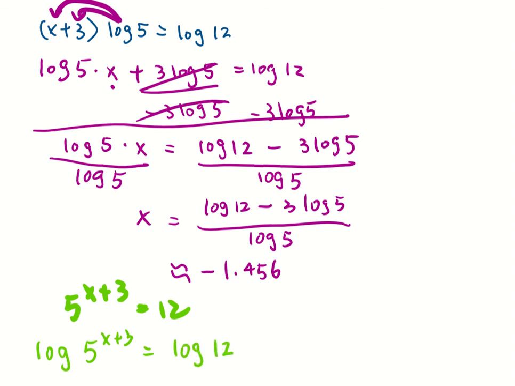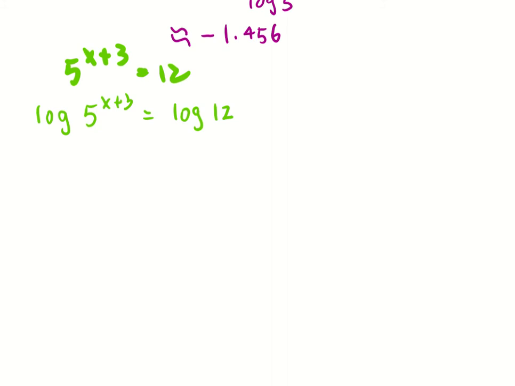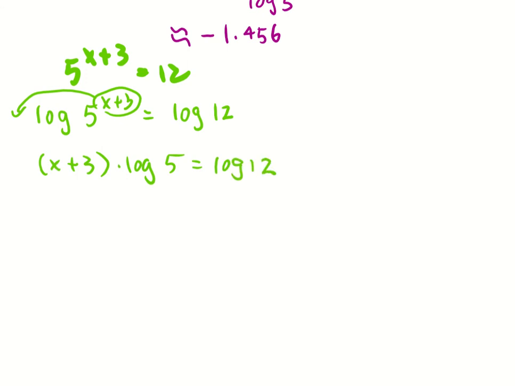All right, then move this exponent part to the front. You have x plus 3 times log of 5 equals log of 12. So up to this step is the same. The difference comes from the next step.